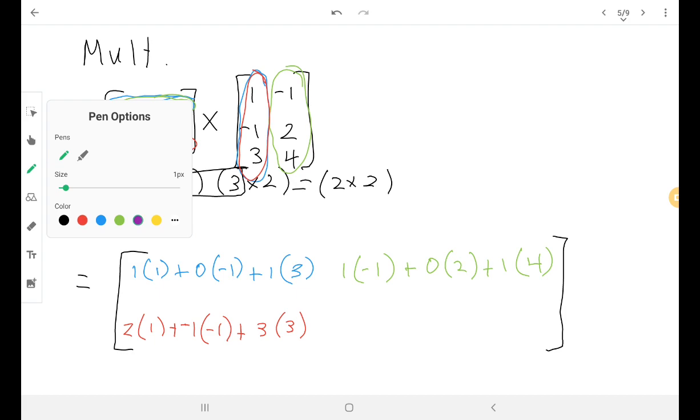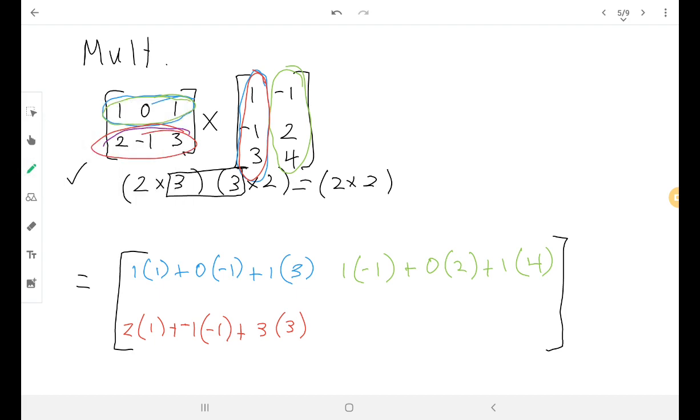And then I'll do the last one in purple. So we've got that same second row now times the second column to create second row, second column. So that's going to be first times first, so 2 times -1, plus second times second, -1 times 2, plus third times third, so 3 times 4.